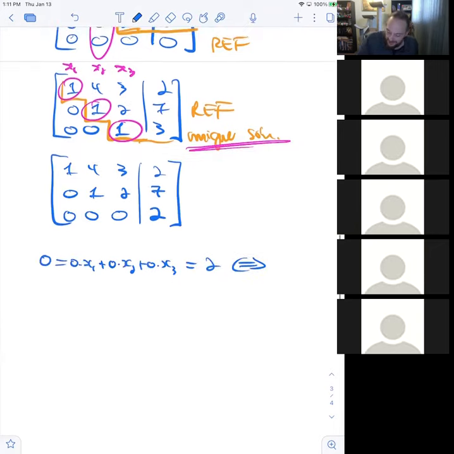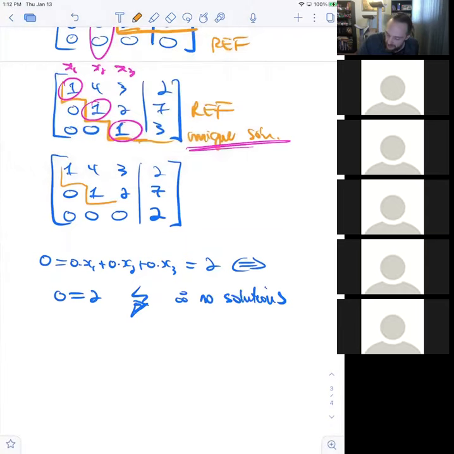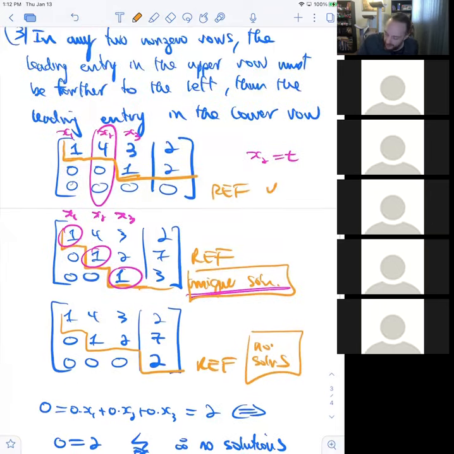And that's bad because that says 0 equals 2, and this is a contradiction. Therefore, what's wrong? The assumption that this system had solutions was wrong. So we say, therefore, no solutions. And this is definitely REF. No solutions. Unique solution. Infinitely many.